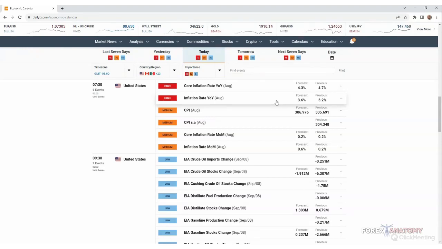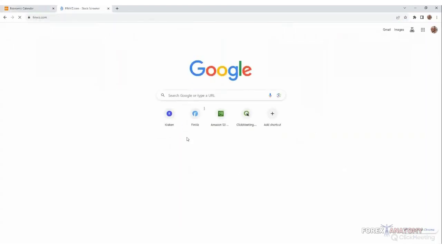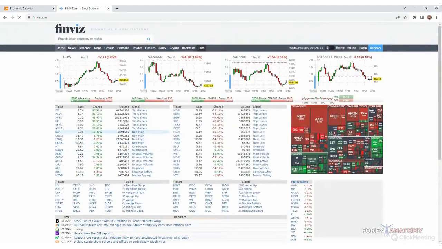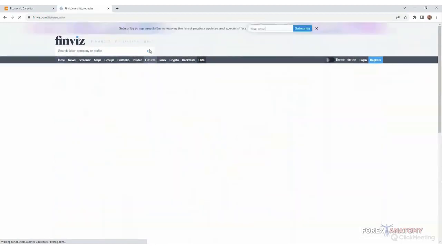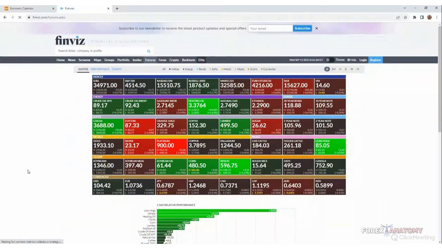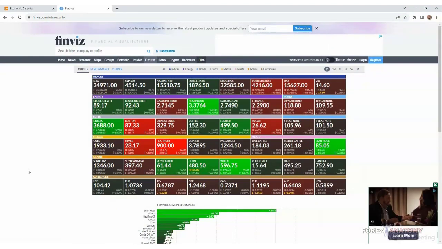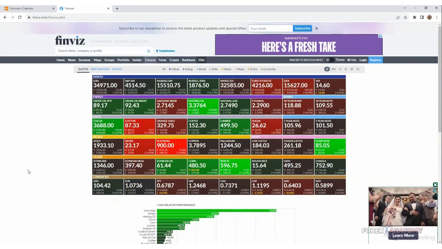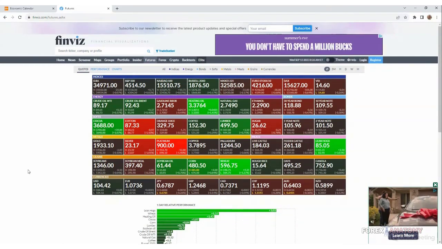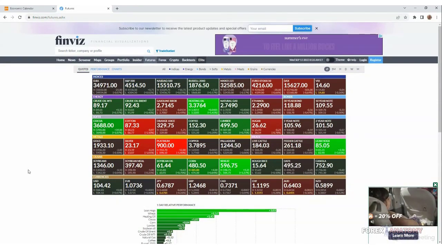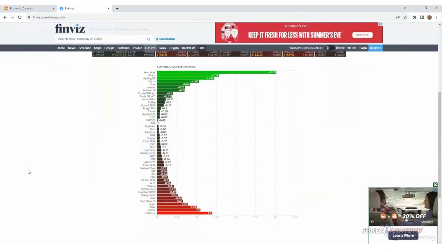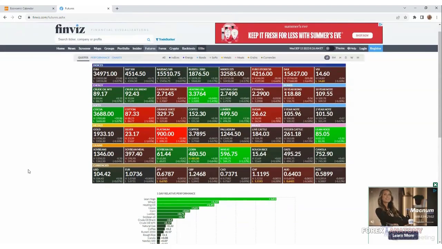And that's the reason why, for the session, let me go to financial visualization so that we can see the futures heat map. For today, the futures heat map shows a mixed bias. There are some instruments that are selling off, and some that are hanging on to whatever gains they can. But in a general sense, more instruments or asset classes are trading in negative territory, or neutral to negative territory.